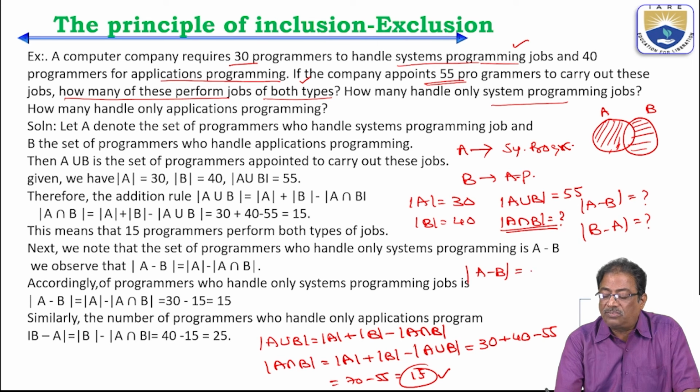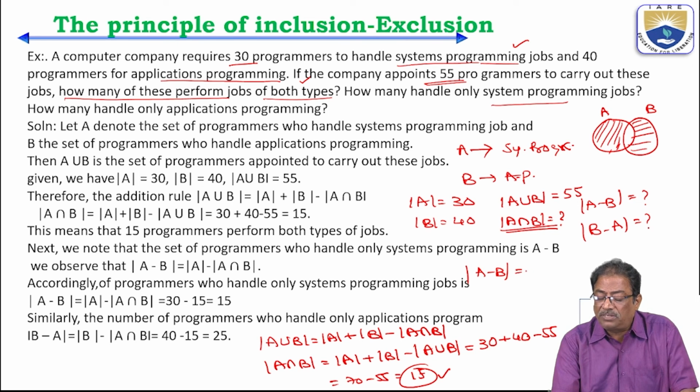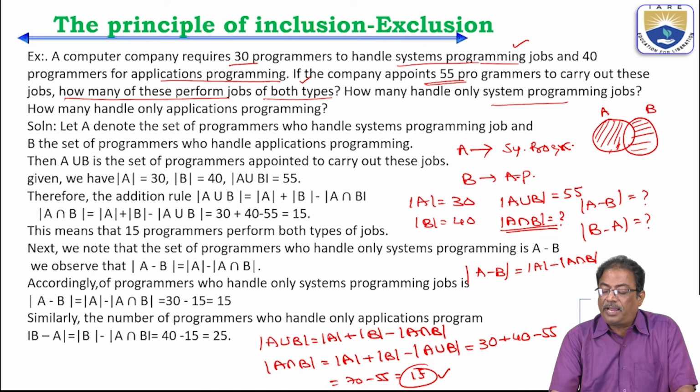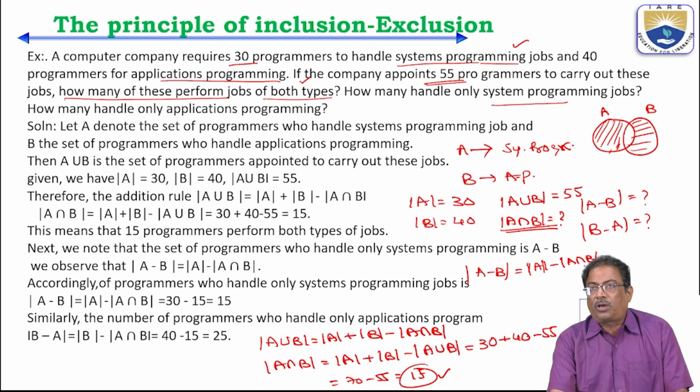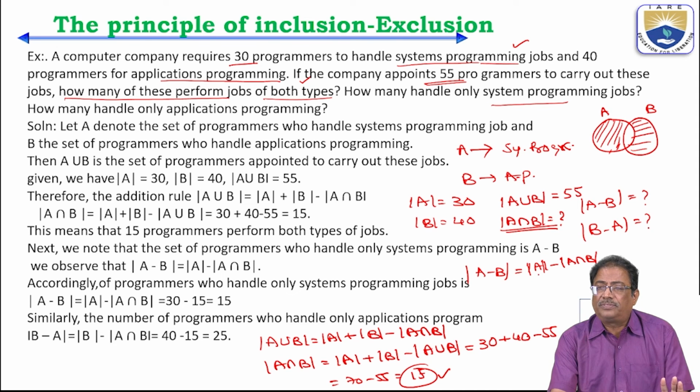It is the set of elements which are members in A but not in B, that is, not in both A and B. Some of the programmers can perform other jobs also. So excluding those, how many are going to be performing only system programming jobs?